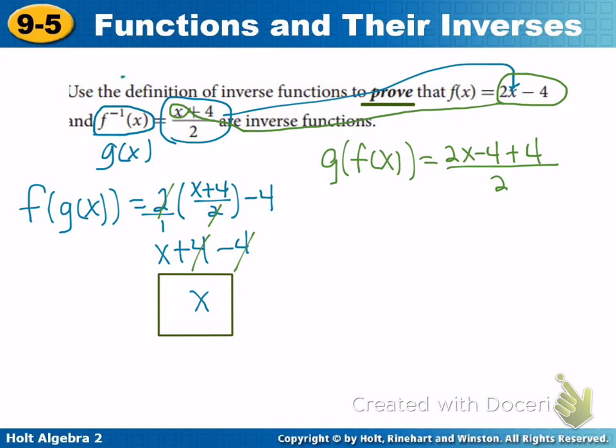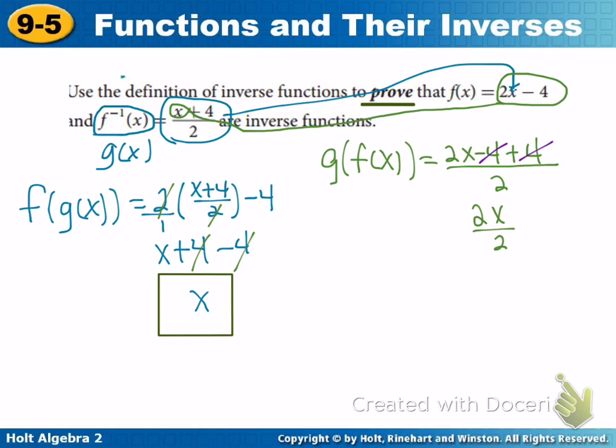Okay, let's simplify this down. What can I do in that numerator? 2x minus 4 plus 4. You can cancel out the 4s. What will that leave me with? The 2x divided by 2, 2x over 2.